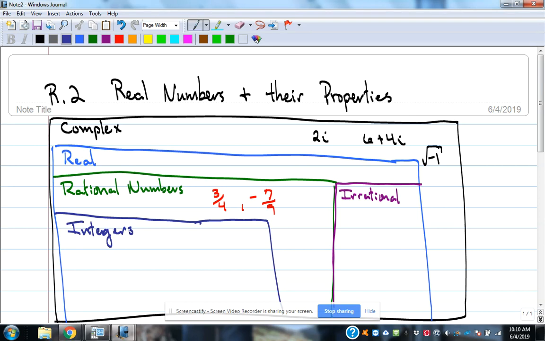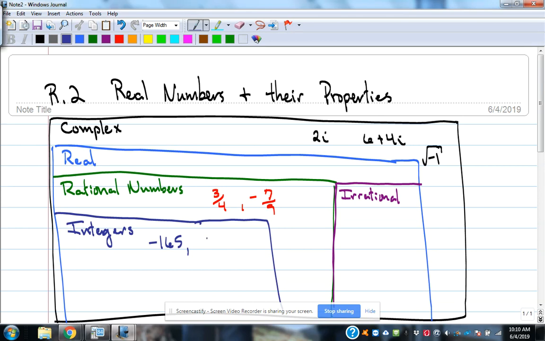Integers are the numbers that are not fractions, but could be written as fractions, like negative 165. I could write that as a fraction by writing negative 165 over 1. So an integer is a whole number that's positive or negative. That's what an integer is. Whole numbers that are positive or negative.